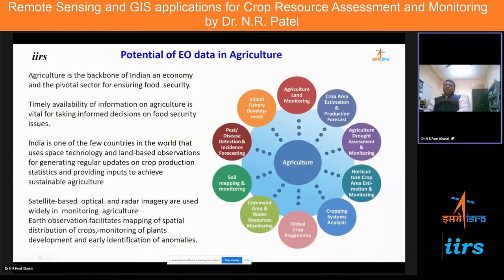In India, there is an enormous potential of satellite remote sensing in agriculture, because India itself depends on agriculture for its livelihood.